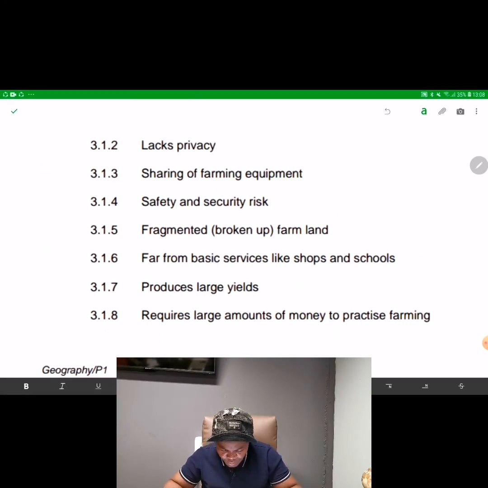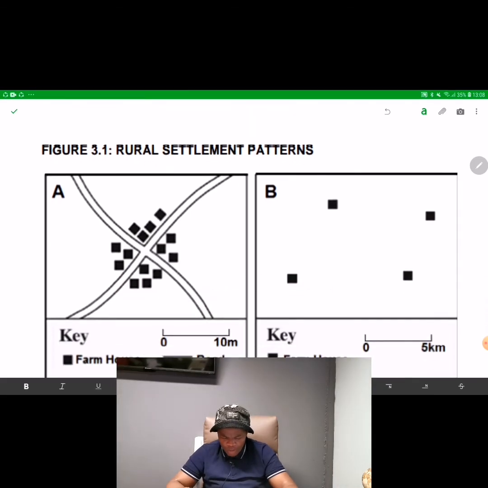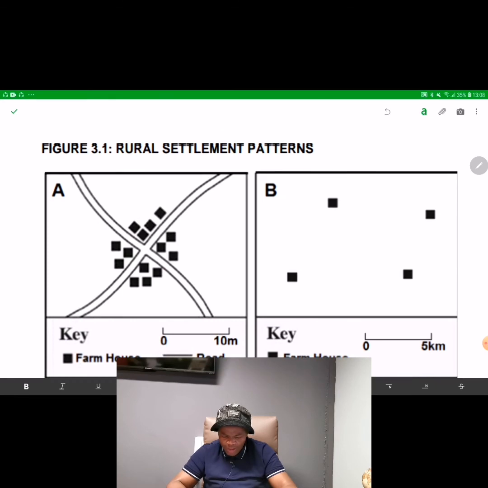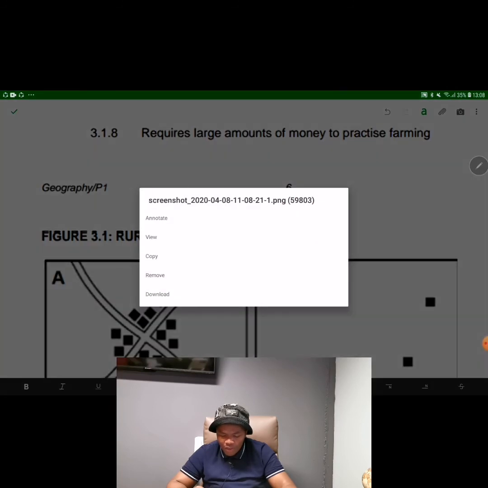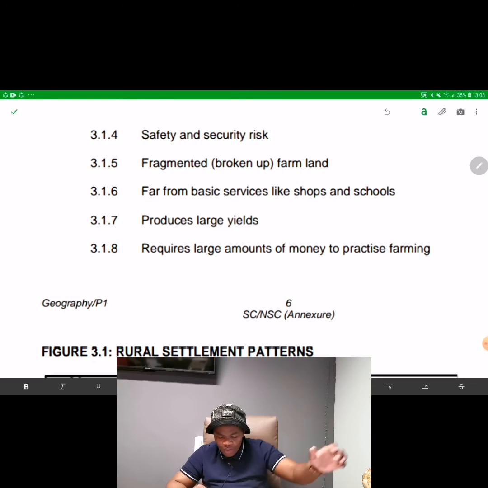And then again, let us look at this one. Far from basic services like shops and schools. Obviously, B, they are far from the shops and schools, because they are found on the farmlands far away from other people.